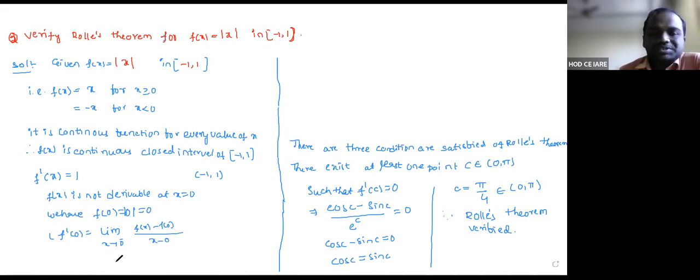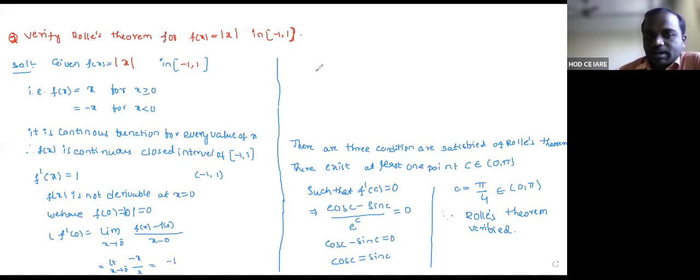Limit x tends to 0 minus, f of x minus f of 0 by x minus 0. Since f of x is less than 0, f of x is minus x, so minus x by x gives -1.